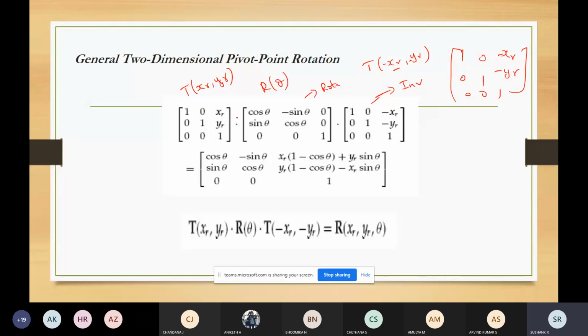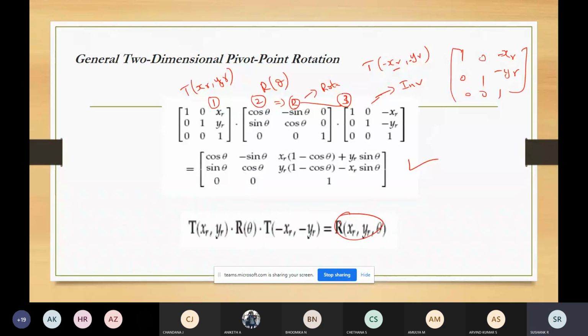So you find the product of these three matrices. First you multiply matrix 1 and matrix 2, you will get the result. And that result you multiply with matrix 3. So you will get this as the output. So this is the final equation.